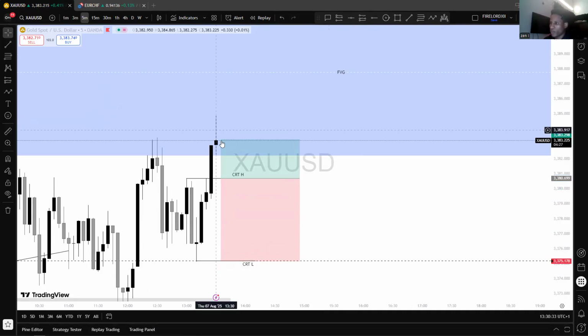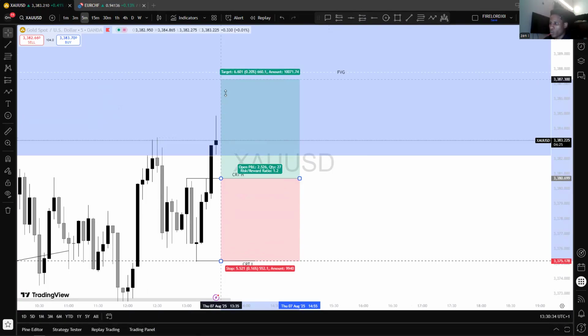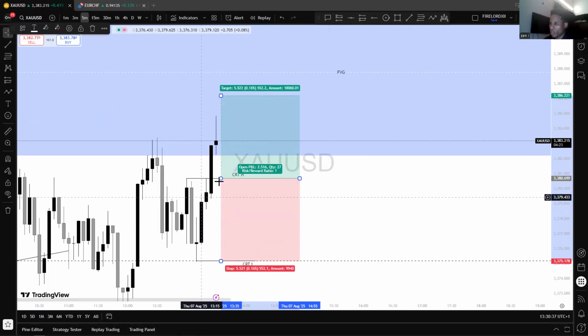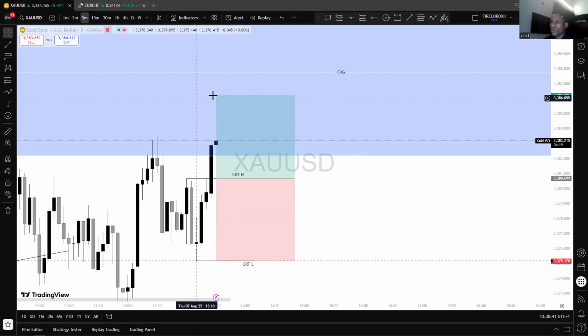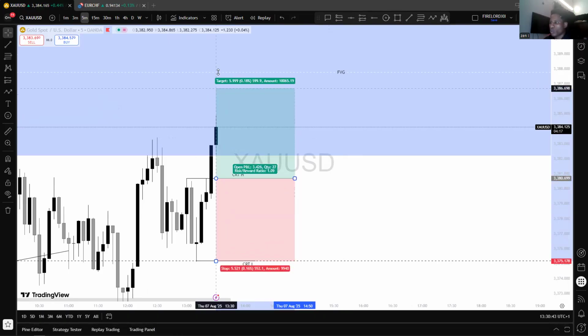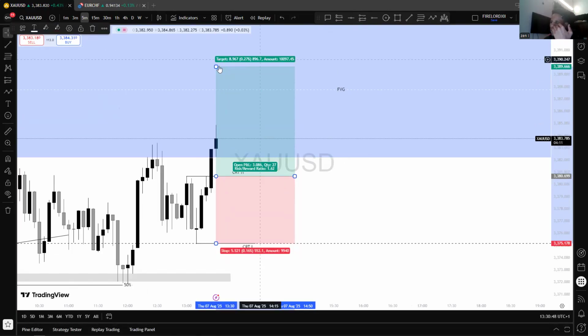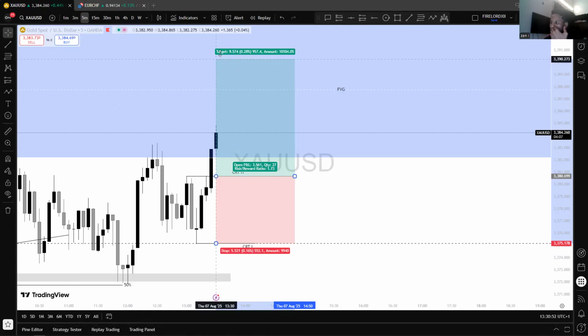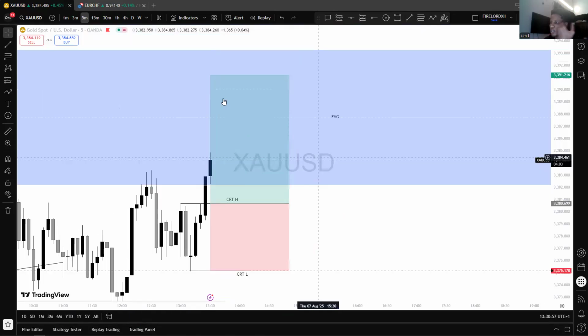Then you can mark out your 1 to 1, or your 1 to 2, or your 1 to 3. But the higher the RR, the lower the probability of price getting there.